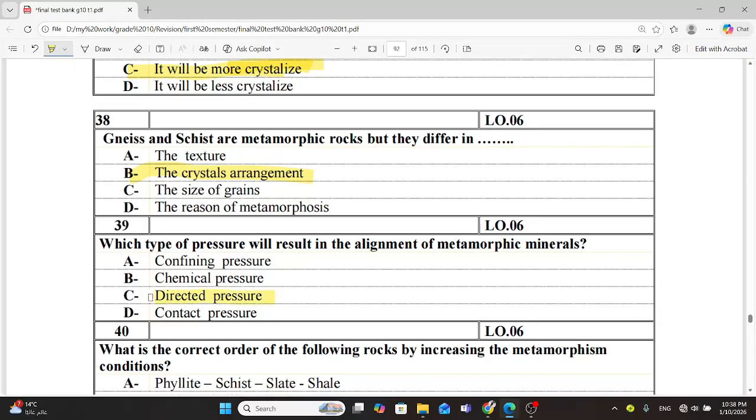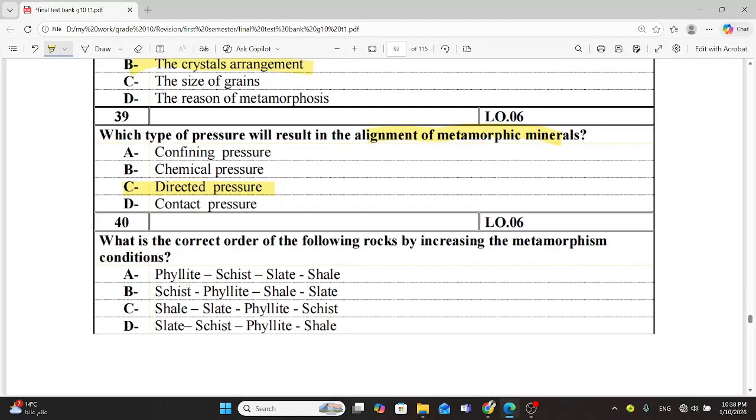Direct pressure results in the alignment of metamorphic minerals. What is the correct order of the following rocks by increasing metamorphism condition? Of course we start with shale: shale, slate, phyllite, schist.